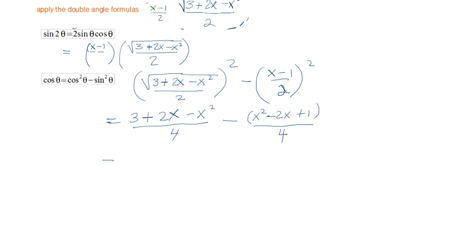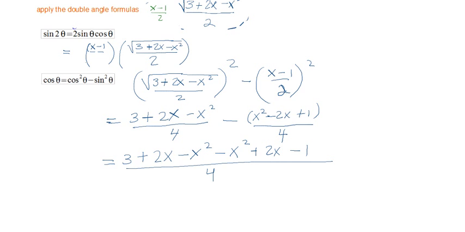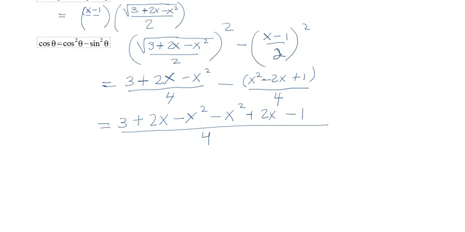So now I have 3 plus 2x minus x squared minus x squared plus 2x minus 1, and that whole thing divided by 4. So this is all about algebra. If you work good in algebra, you just have to be careful in each step.